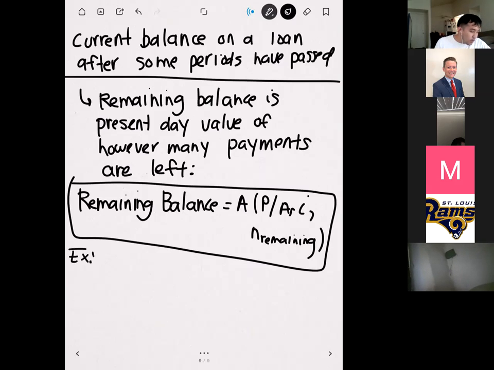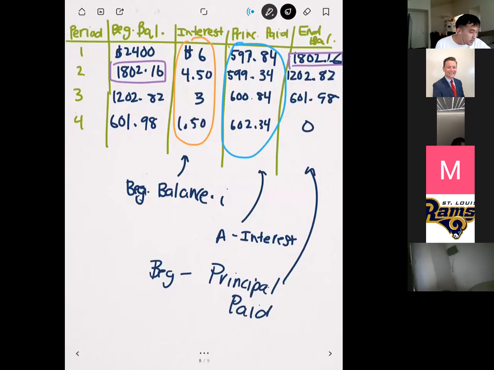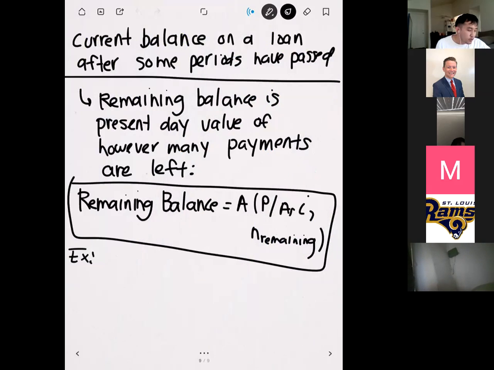And so, just a quick example for the last one, since we have the numbers already. Let's say that we've made 2 payments on our piece of furniture, and we want to find out what our remaining balance is.